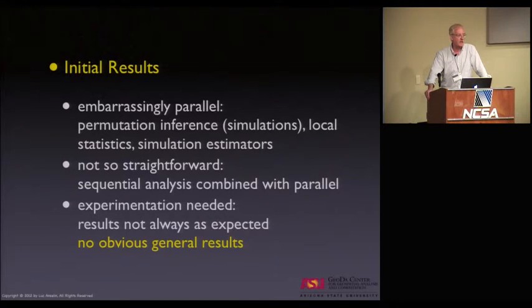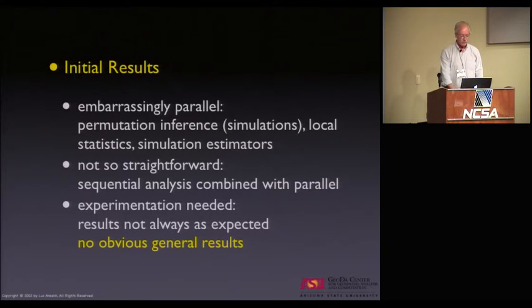And the experimentation that we carried out in our team showed that we run into many counterintuitive results. We have not been able to find anything that is immediately generalizable. So it's very much a case-by-case, almost hand tuning, which is not a very scalable way of approaching this.